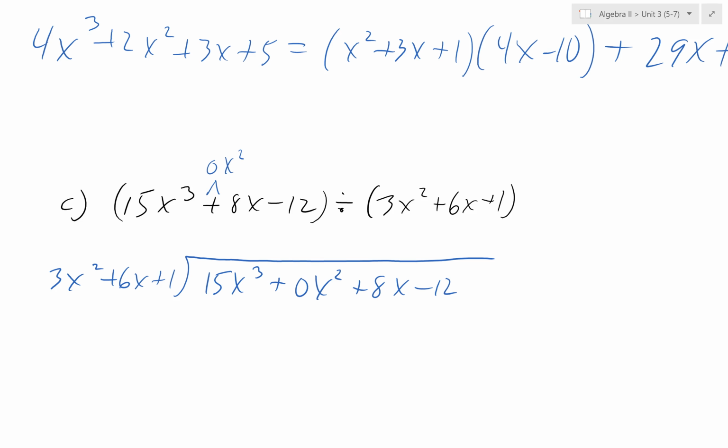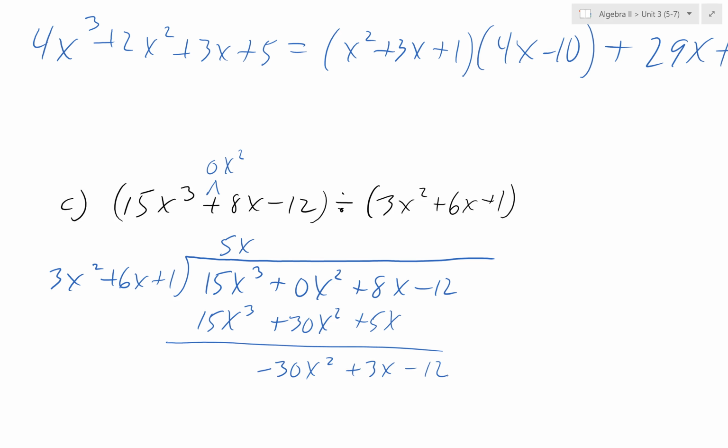So we need to start by multiplying by 5x, and so that's going to be 15x cubed plus 30x squared plus 5x. And then when we subtract, we get negative 30x squared plus 3x, bring down the minus 12. And now we're going to multiply by negative 10.